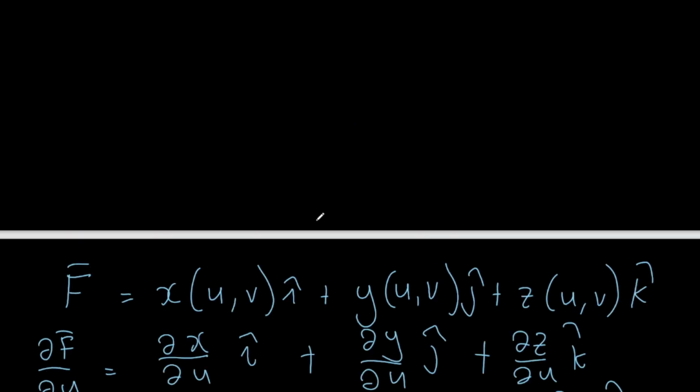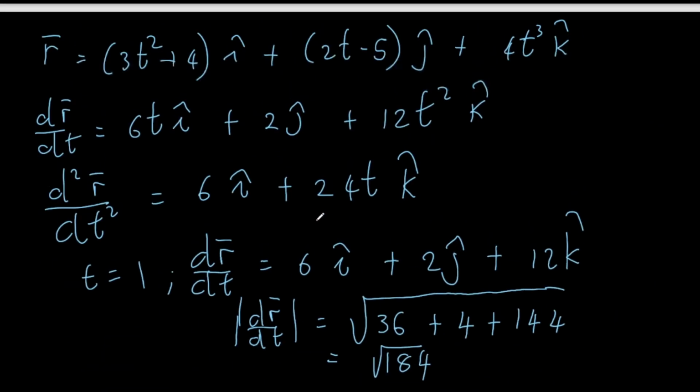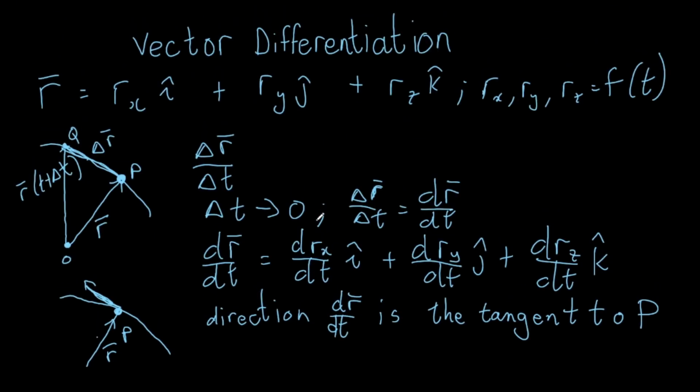So just to summarize this video once more, we can think of a vector function as having 3 components. We looked at position as an example. We looked at what the derivative of a vector actually means, and we saw that it's something fairly easy to compute. We simply find the derivative of each component, and we see that the derivative is actually the tangent at this point.